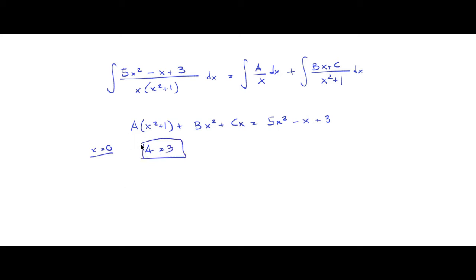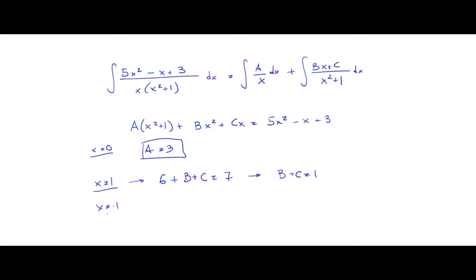And now we have, let's see, x equals 1, for instance. So we have 2a, or in other words, 6 plus b plus c equals 5 minus 1, 4 plus 3, 7, or in other words, b plus c equals 1.